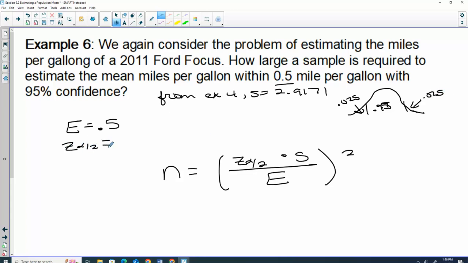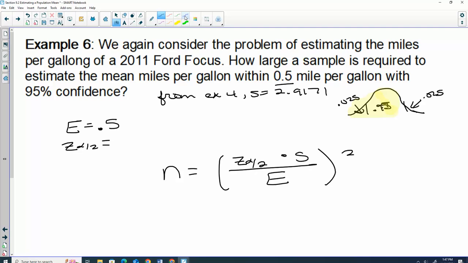It's a z, so we're back to our normal table. If we think about how the normal table reads, it gives us area to the left. So the total area to the left is the 95 and that 2.5%, so it's 97.5. So we're looking for 0.975. The closest I can get to 0.975 inside the table, oh, it's on there exactly.